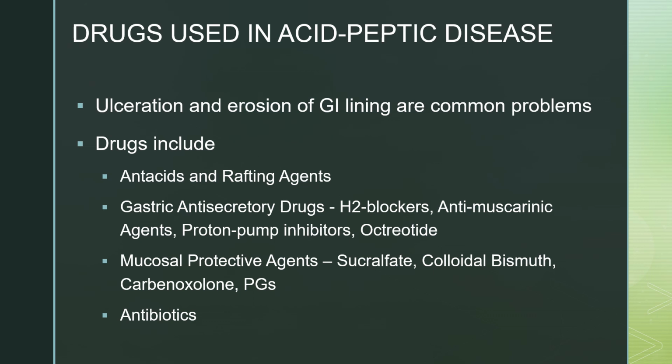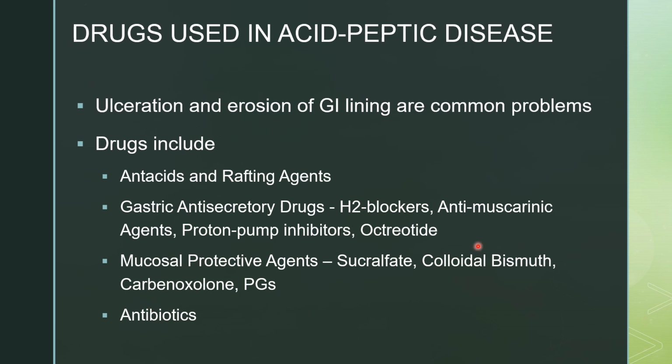So what are the drugs used in acid peptic disease? As you all know, ulceration and erosions of the GI lining are common problems. And here are the drugs that are included for the management of your acid peptic disease. These are classified into antacids and rafting agents, your gastric anti-secretory drugs, your mucosal protective agents, and your antibiotics.